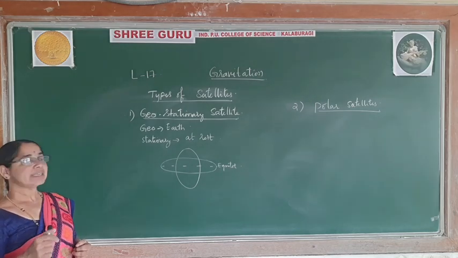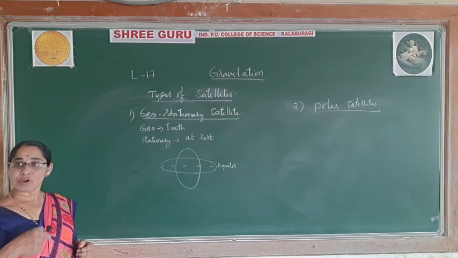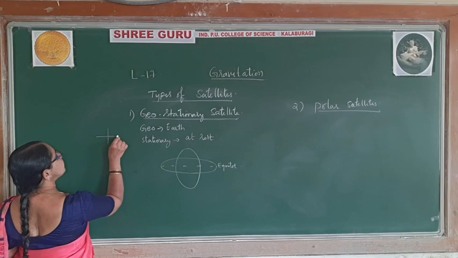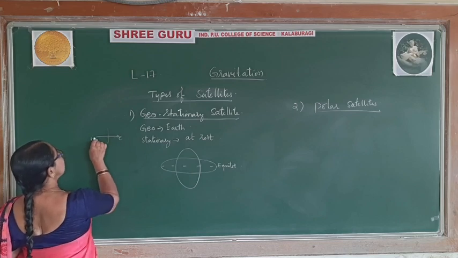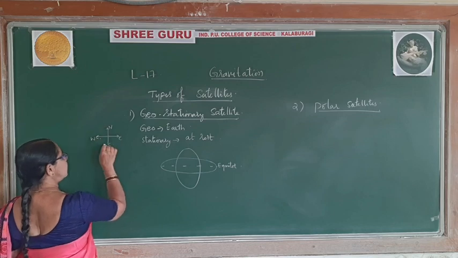So here we are placing the satellite, and that satellite will be revolving around the earth. You already know, if this is east, this will be the west, and this is north and this is south. This you know already very well.